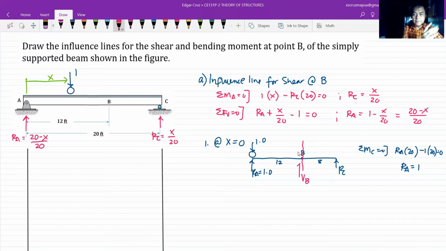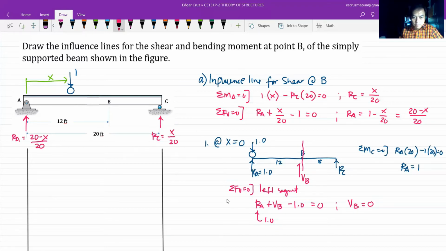Considering the left segment, if we sum vertical forces equal to 0, we have RA upward, plus the shear at B, which we assume upward, minus 1 for the unit load, equal to 0. But our RA is equal to 1, so the shear at B is equal to 0.